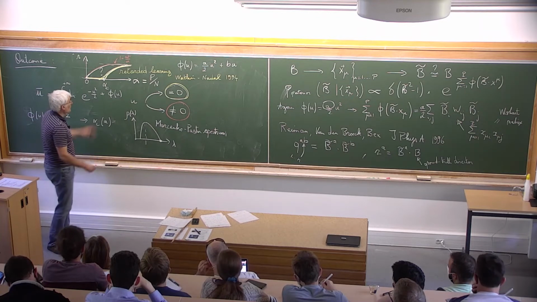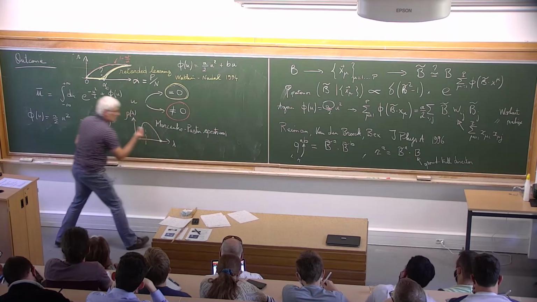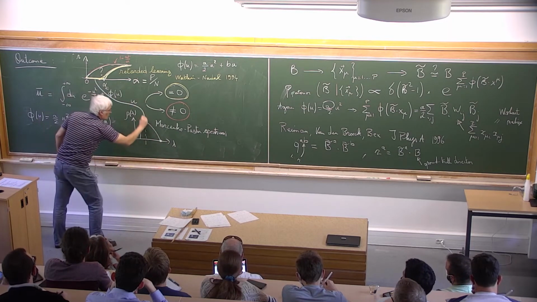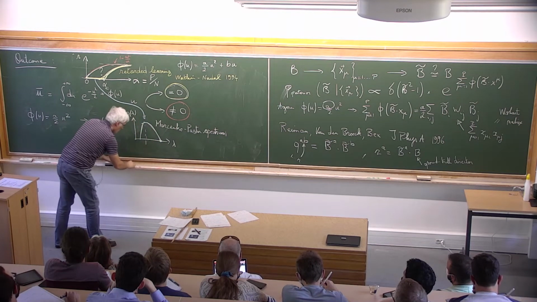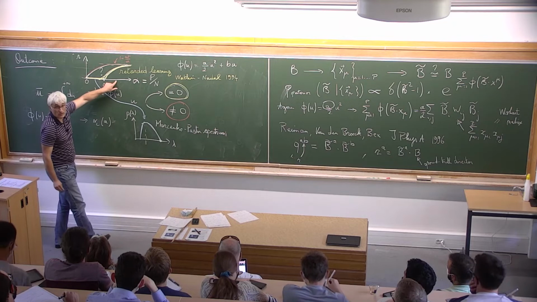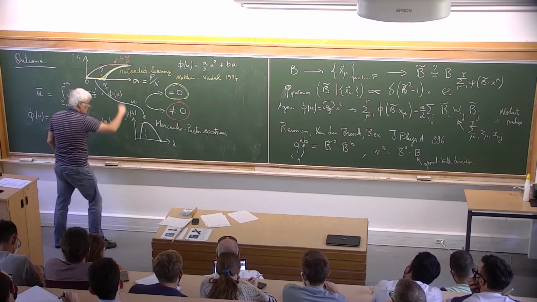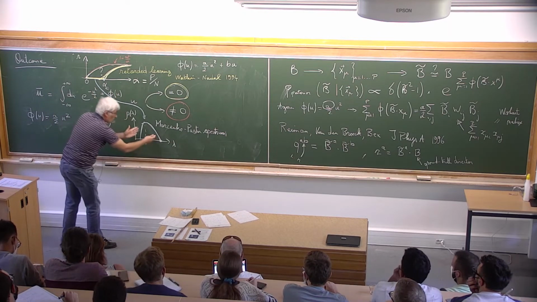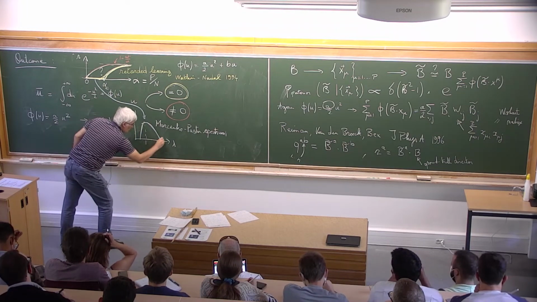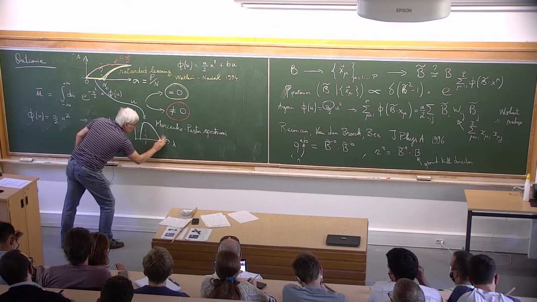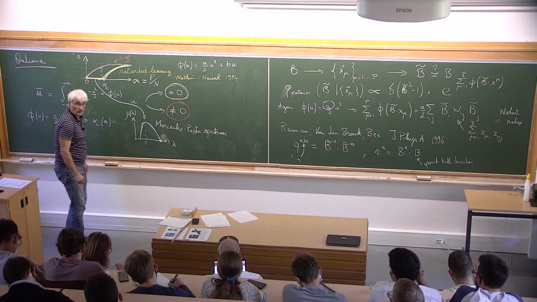Now, what happens if you are in this other regime? Suppose you are above the threshold, so that you have enough data, so that your ratio p over n is larger than alpha c. Then you get essentially the same distribution, but the point is that now there will be one eigenvalue which is well above the bulk of the spectrum.